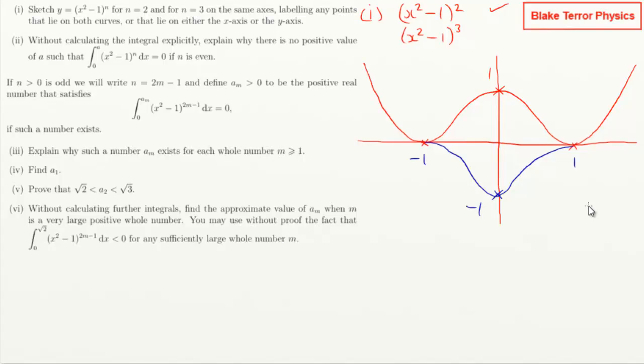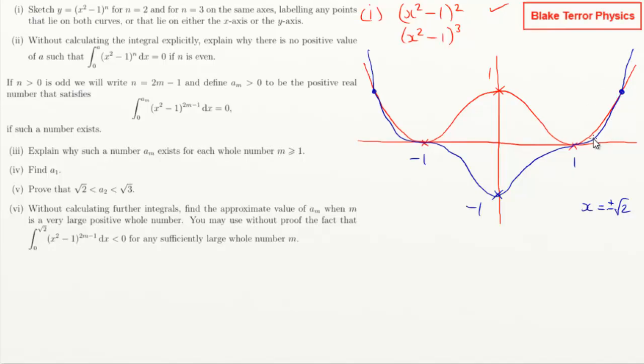So plus or minus root 2 for x. So that's where we're getting intersection points. When x is root 2, we're getting (2 minus 1) all squared, so 1. So we're going to have an intersection point there, and we're going to have an intersection point there. So it's going to be going that way and then up, and then that way and then up.